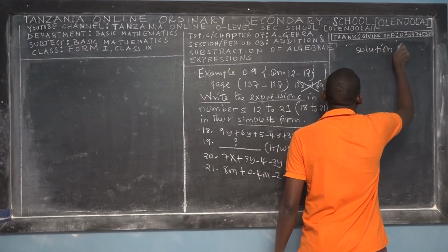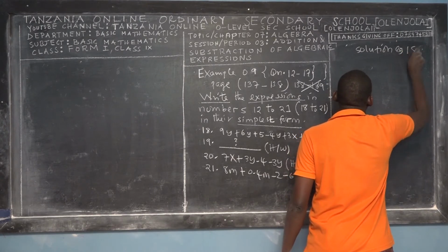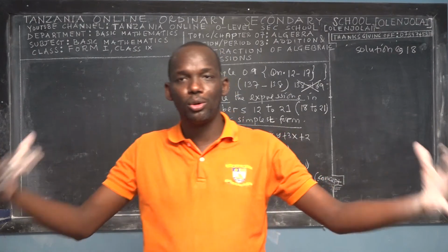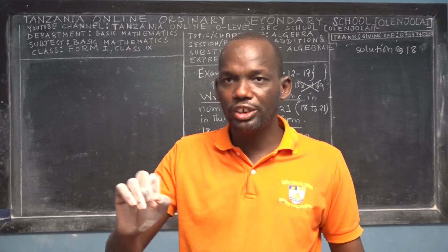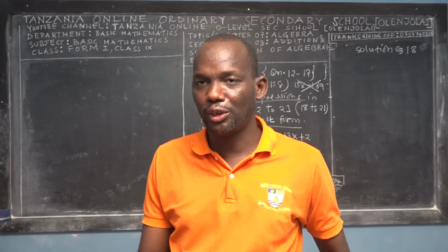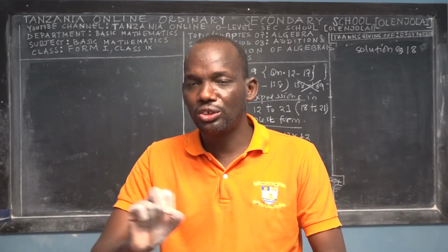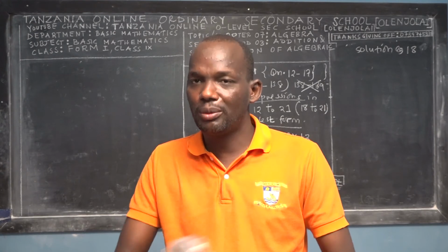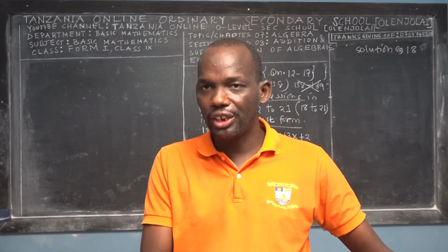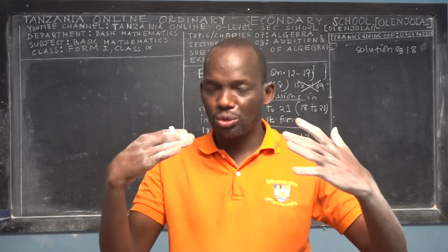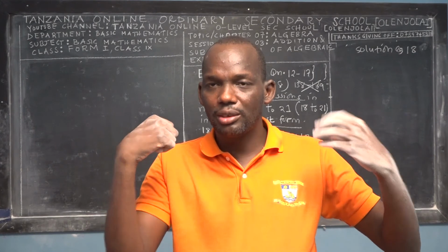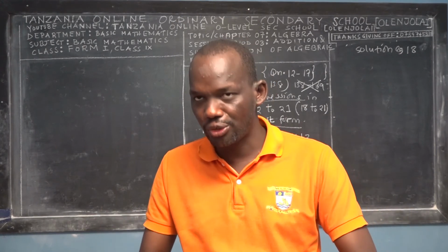So solution of example 18. You can pause the video, right? And do these questions on your own hand. Take a piece of paper, roughly, if you are not confident enough. Solve it, simplify, write it in the simplest form, and then come back to the video and check whether your simplification is right or not.